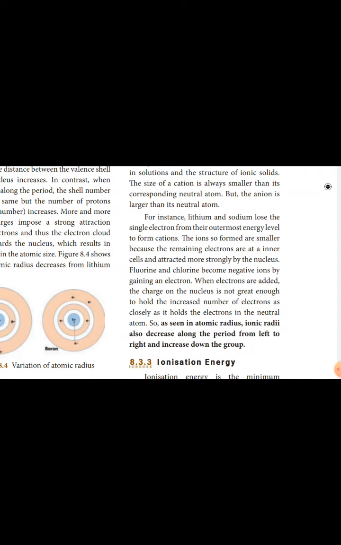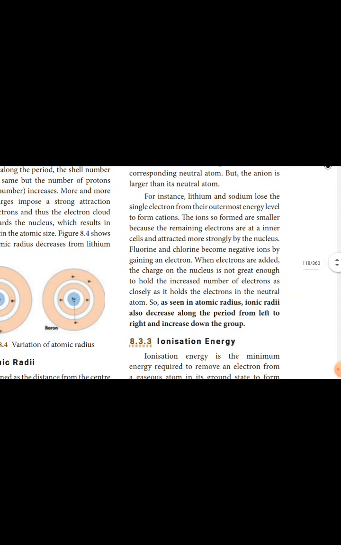So more force is imposed on the electron shell, so the electron shell sinks towards the nucleus. Because of this, the cation is smaller compared to the neutral atom.